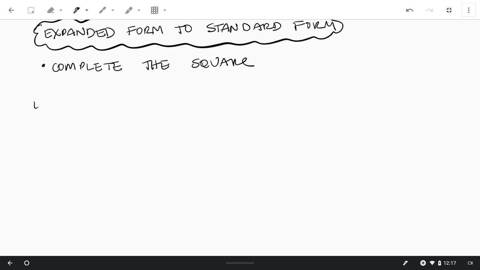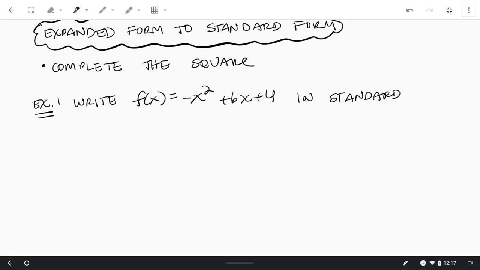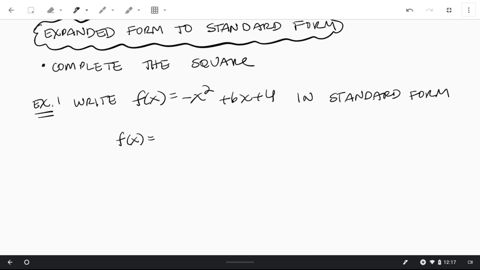Okay, so let's take a look at this example here. Let's write f of x equals negative x squared plus 6x plus 4 in standard form. Okay, so I'm going to go ahead and bring this equation down here and do all the work.